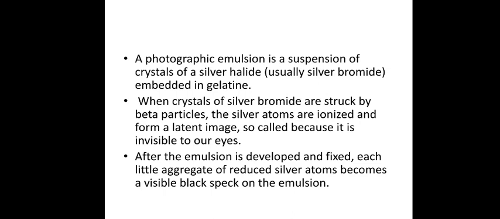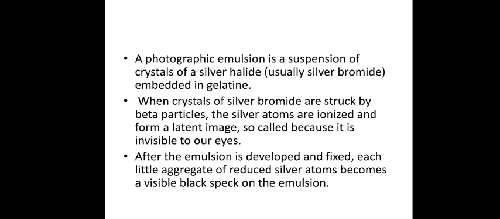When these particles bombard the chemical which you have used on a photographic film, they are going to ionize the atoms. Okay, the silver atoms will be ionized and this will result in the formation of a hidden image, an image which is not visible to us but a latent image. Latent means hidden. Image is going to be formed.